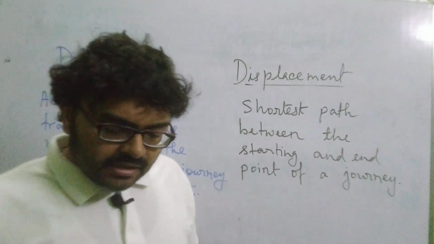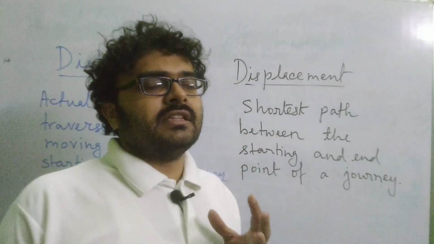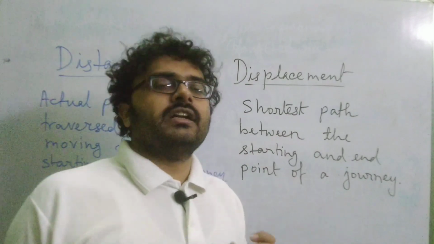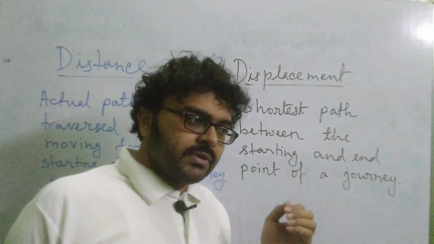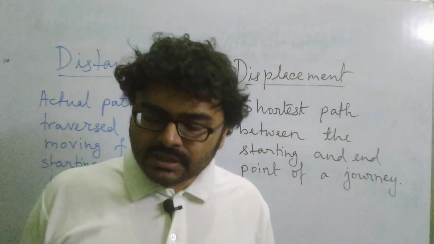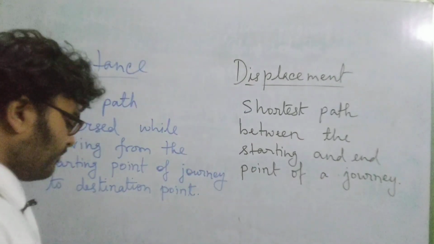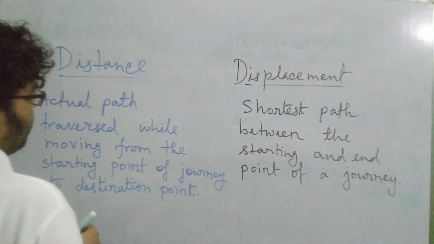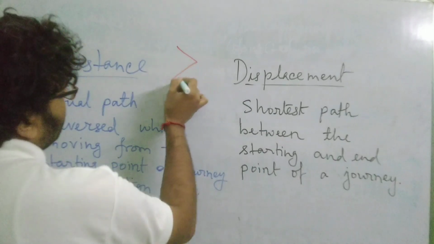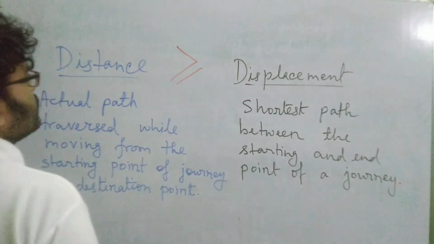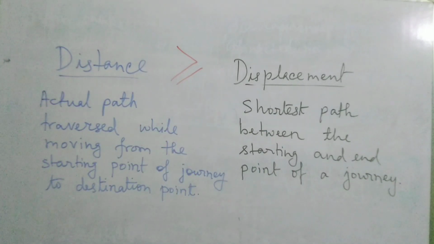So when there exists a road along that red line, that is the distance when you are moving through, and that is also the displacement, okay. So distance can be either greater than or at the most equal to displacement, fine.